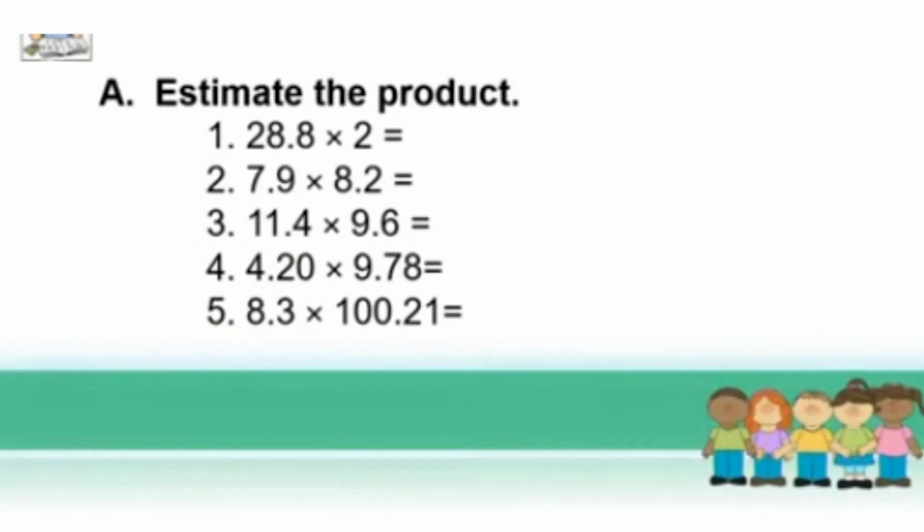For number 3, if you estimate 11 and multiply it by estimated number of 9.6, what will be the product? Number 4, what will be the estimated product of 4.20 times 9.78? And number 5, what is the estimated product of 8.3 times 100.21?